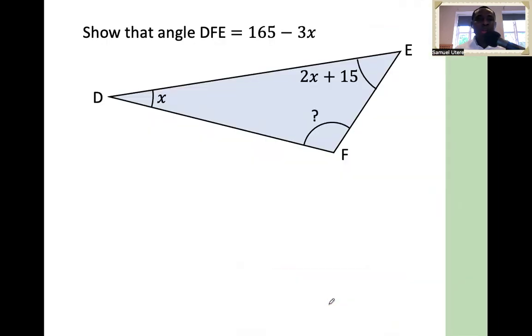Let's do some new learning. If you're asked to show that angle DFE is equal to 165 minus 3x, how do we do that? Have a think. Well, we know that the sum of the angles in a triangle is 180 degrees.